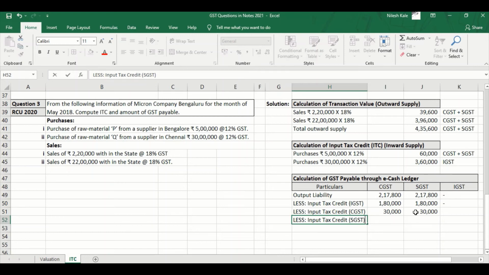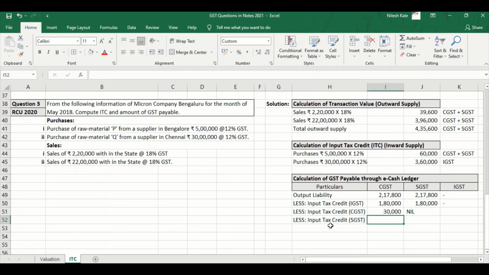I'm sorry, I have made a mistake. When I am using CGST credit, I cannot write anything into SGST. This is what I have done, right? So I will only have to put dash over here. Okay, this is Excel and it is considering dash as 0. I will write nil over here.